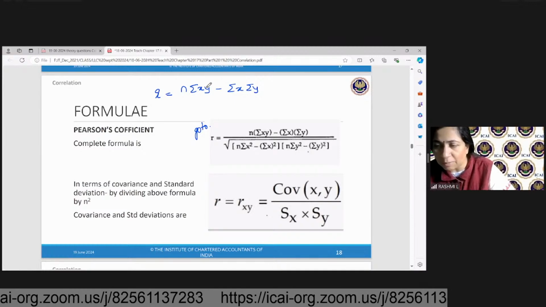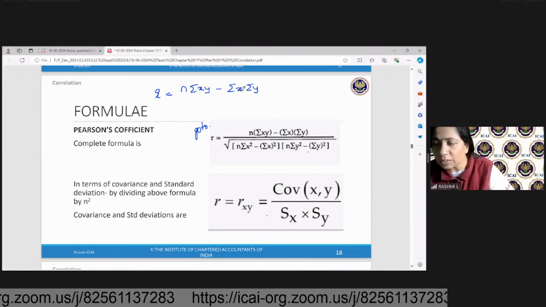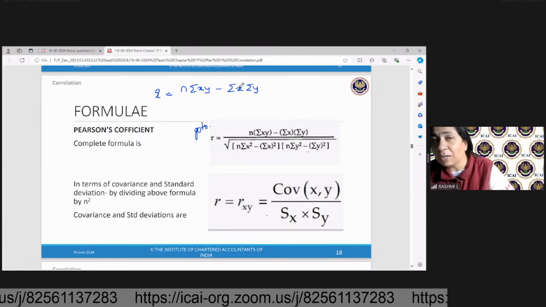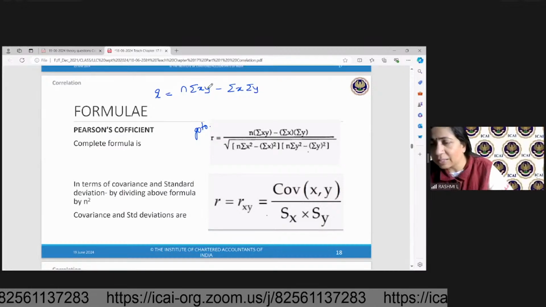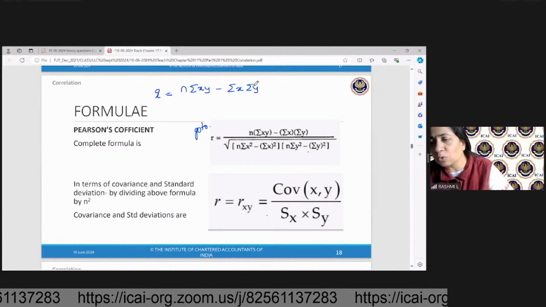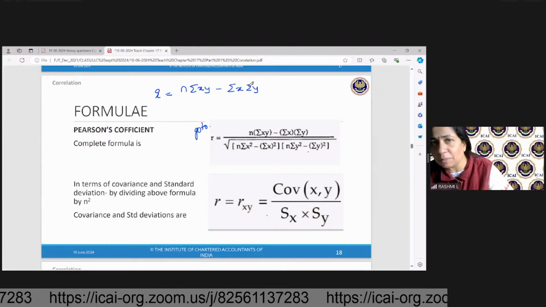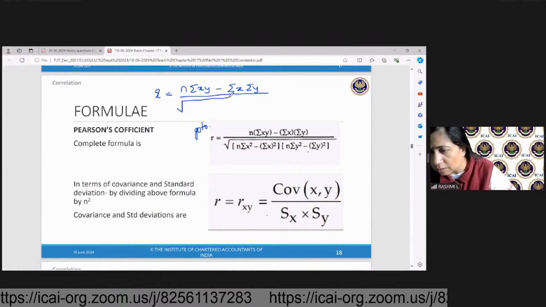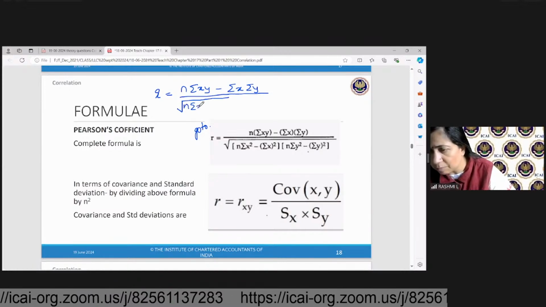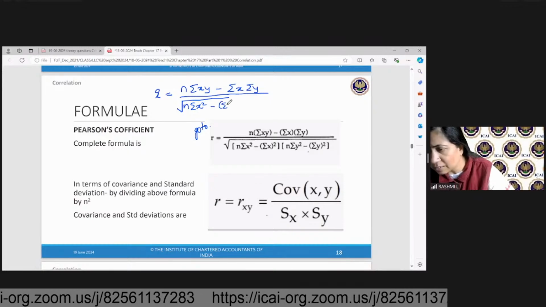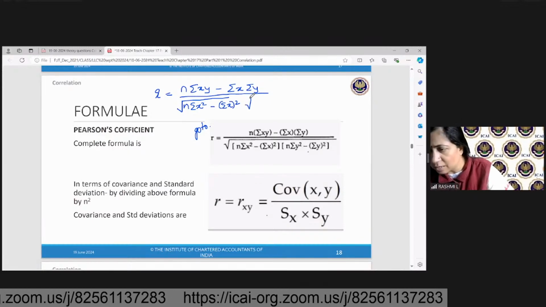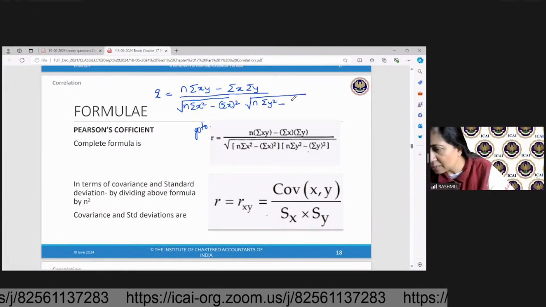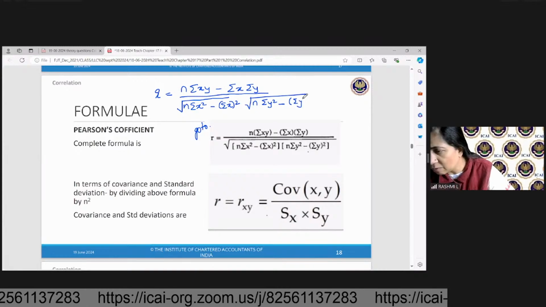Here you take the summation of x and multiply it with the summation of y. So here the multiplication happens and then the addition, while here there are two separate summations, the addition happens first and then the multiplication. Upon the square root of n summation x square minus summation x the whole square, into n summation y square minus summation y the whole square.